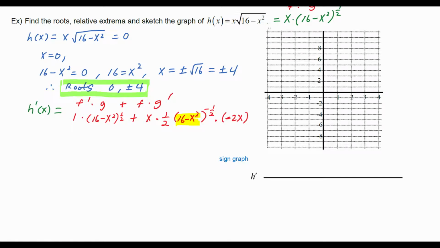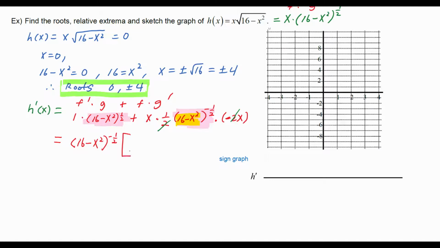So then I can see this 2 and this 2 can be canceled, but don't forget the negative. And I do have 16 minus x squared to the 1/2 power, 16 minus x squared to the negative 1/2 power. So they have a common factor. So to factor this, you are going to factor out the lower power of the 2. 16 minus x squared to the negative 1/2 factor out.